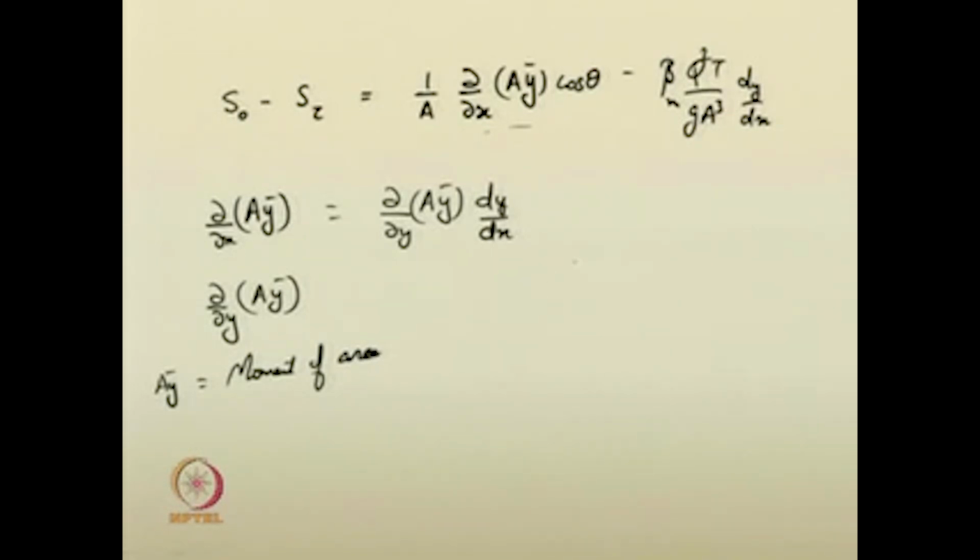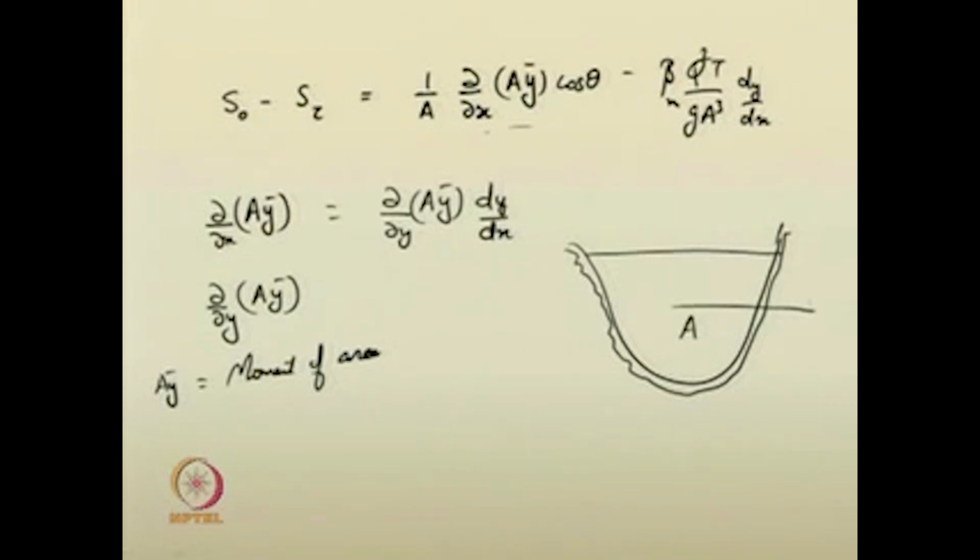If you have your cross section and this is the area A and the centroid of this area is y bar, then A y bar is the moment of this area with respect to the surface of water.